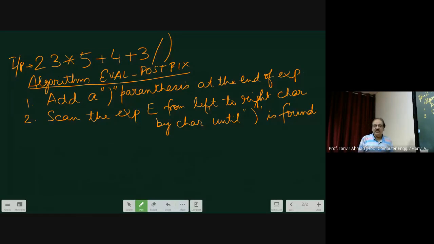Now this is nothing but a loop. It starts from the beginning and keeps on going until I find the bracket. Therefore, when you do it programmatically, you write a for loop or a while loop which starts from the beginning and works while the character is not equal to the bracket, or maybe a \0.